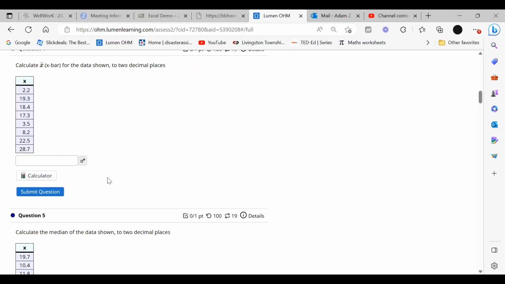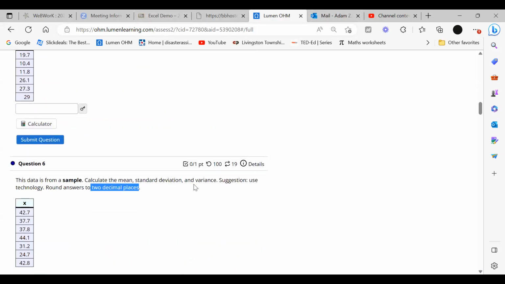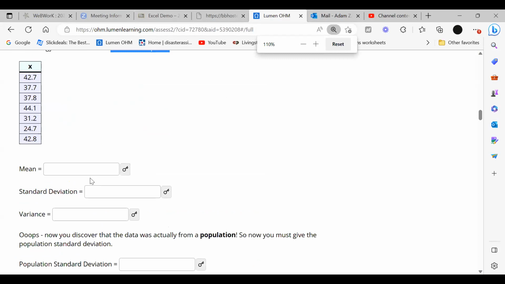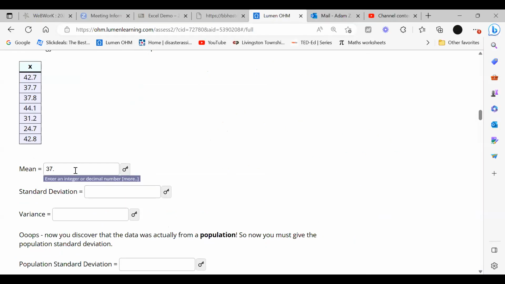Let's start with this question here. The first number is 32 point something. Just double check really quickly. So 32.27, 29, 32.29, 50.34, 7.19, 37.29.